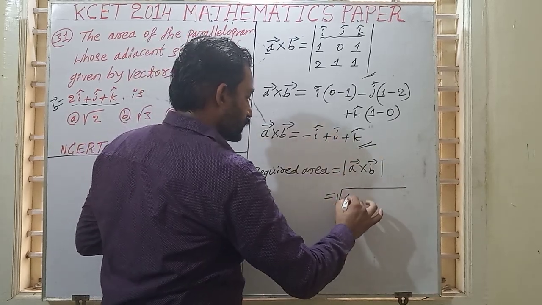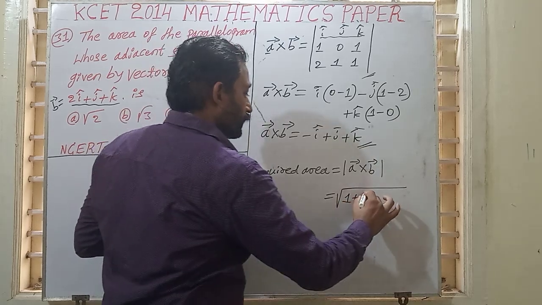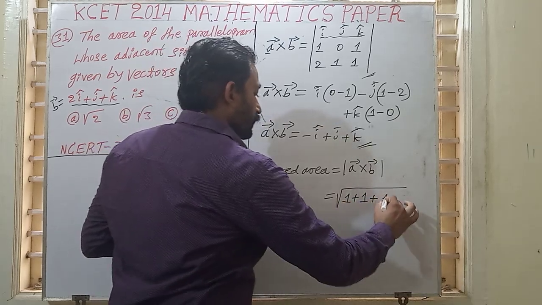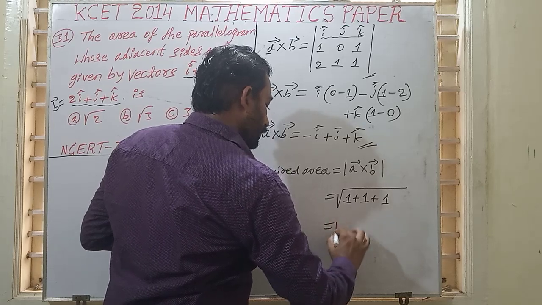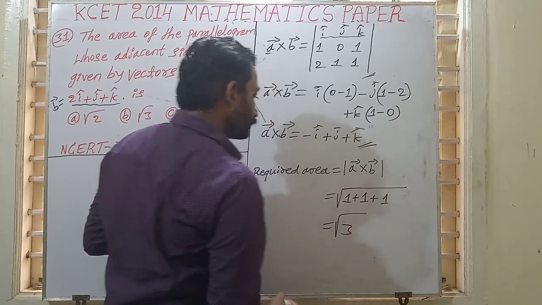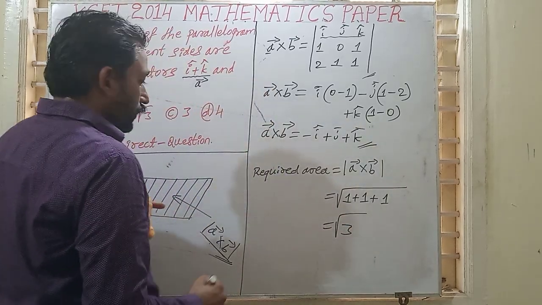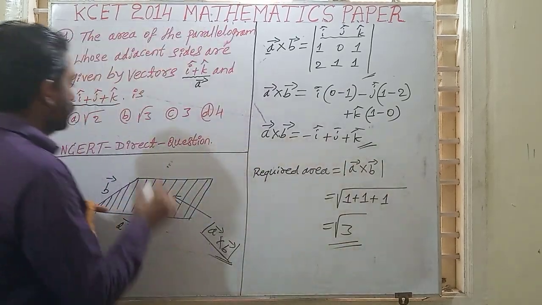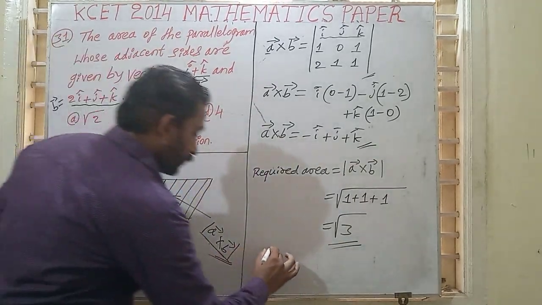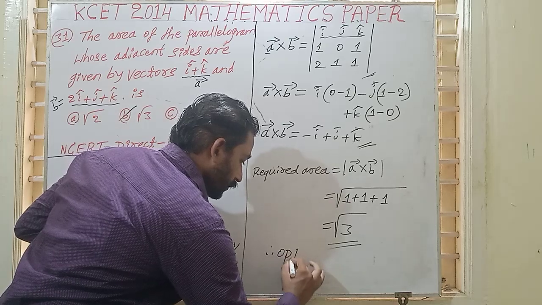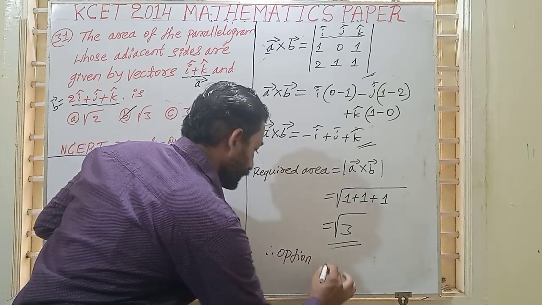Minus 1 square is 1, plus 1 square 1, plus 1 square 1, so 1 plus 1 plus 1 is 3. So this is root 3. Okay, so answer root 3. Good answer. So therefore option B is correct.